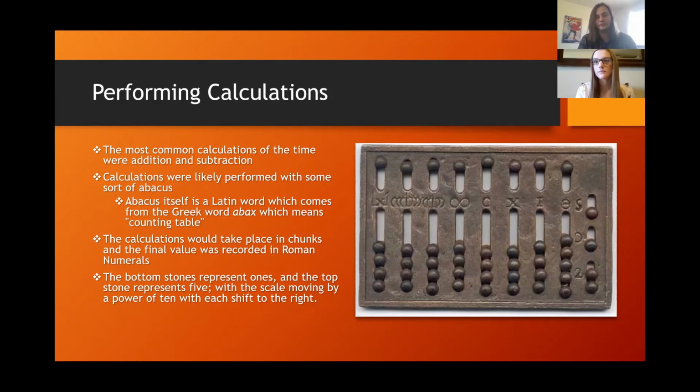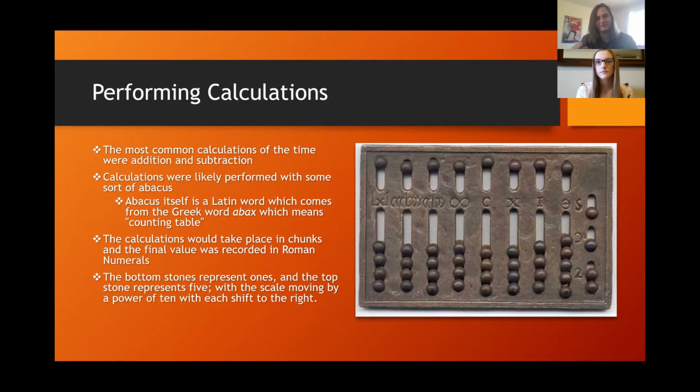using Roman numerals. As you can see on the abacus, there are values for the I, the X, the C, and the 1,000 place, all the way up to what looks to be 1,000,000. And the bottom stones represent a ones place, and the top stone represents 5. So if 2 of those pebbles in the 1 place were moved up, that represents 2.